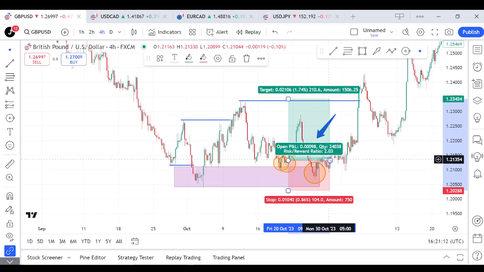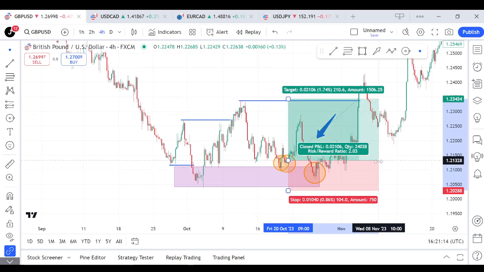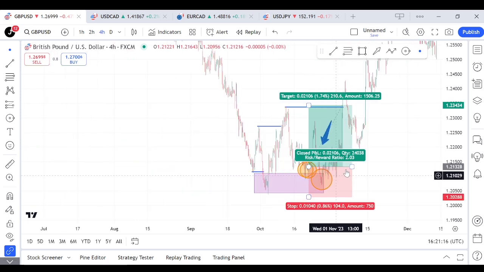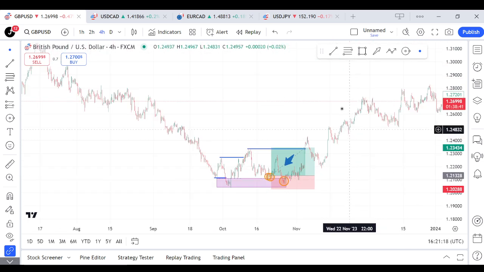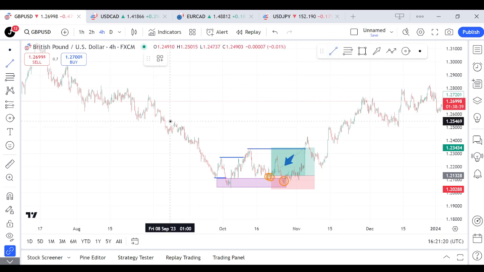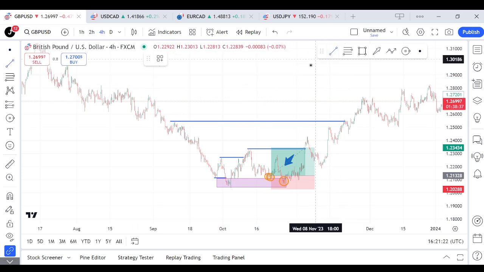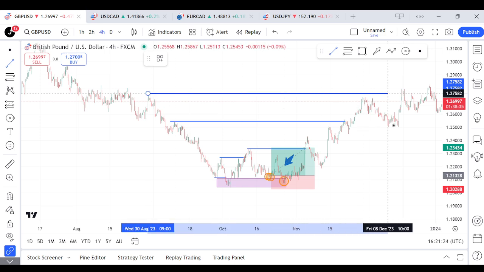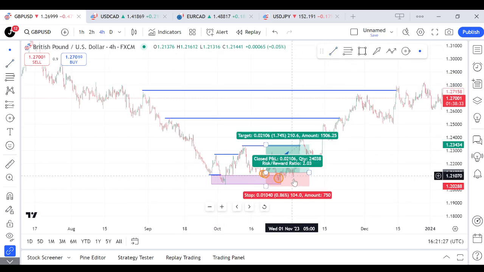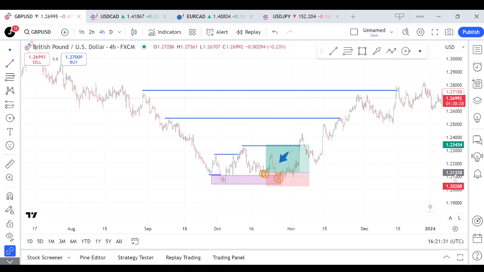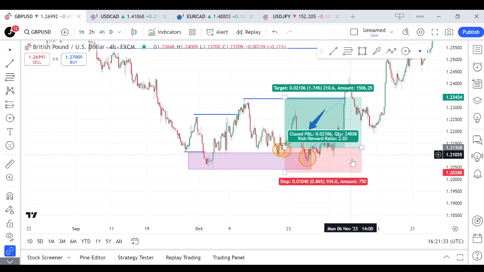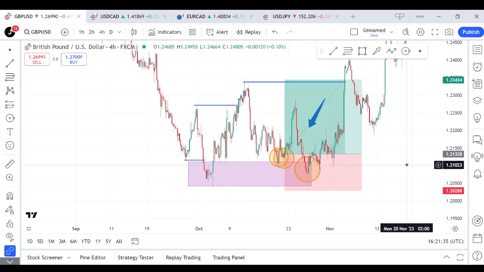And that's how we were able to take this trade. You could target the resistance zones like this one, but always remember at 1:2 you should take partials and move your stop loss to break even at that point to protect your trade, trade management.